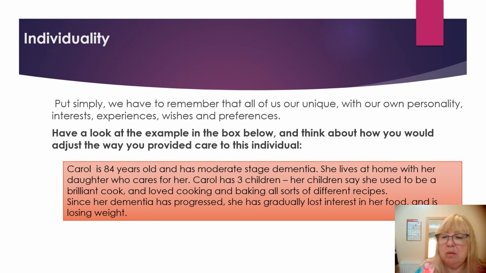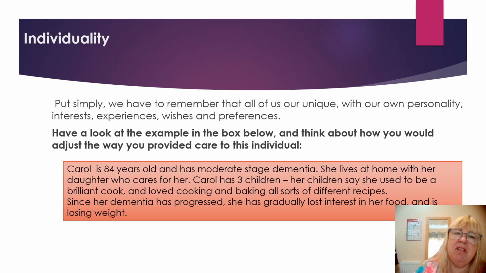She loved cooking and baking and loads of recipes and used to collect cookbooks and things like that. Unfortunately, since her dementia has progressed, she's really lost interest in her food, in what she eats, and she's losing weight. I think the family find it quite difficult because she was a person who loved food before.